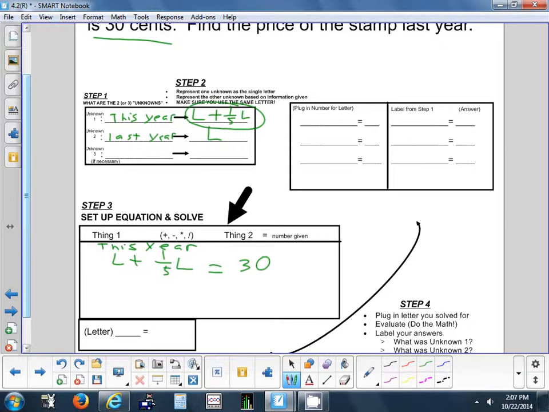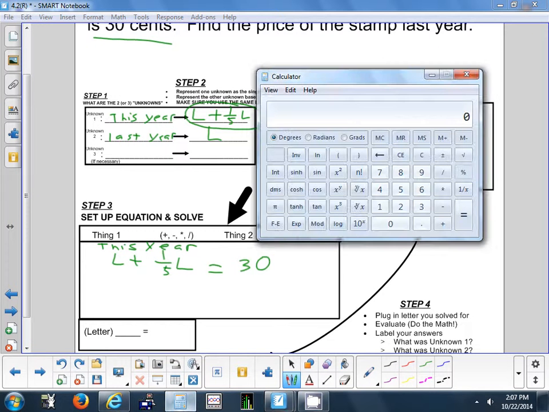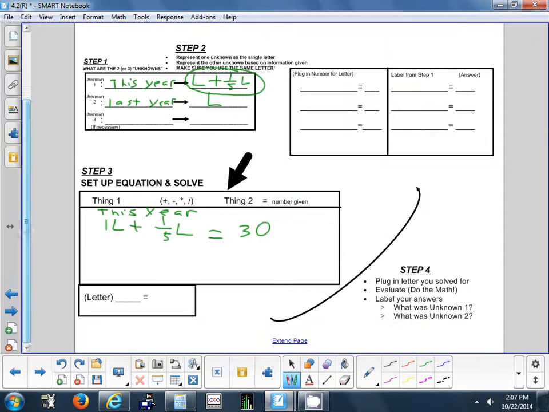Combine like terms. If you need your calculator, we can do that. 1/5 is 0.2. What number is in front of L? There's a 1. So 1 plus 1/5 is 1.2 L. And now I just have one step left to find last year's price.